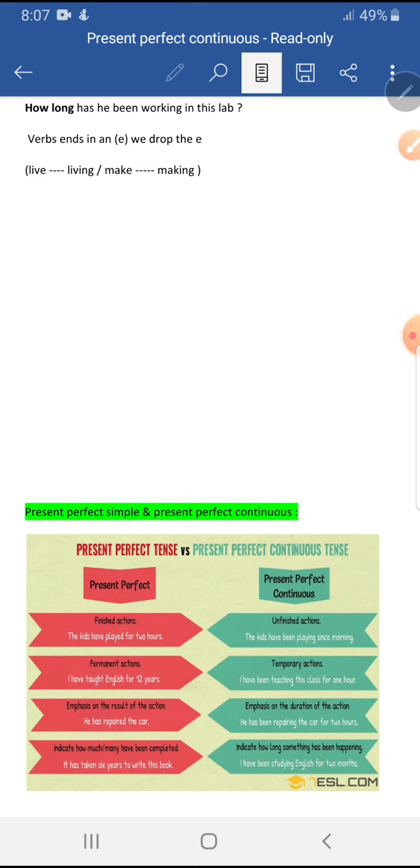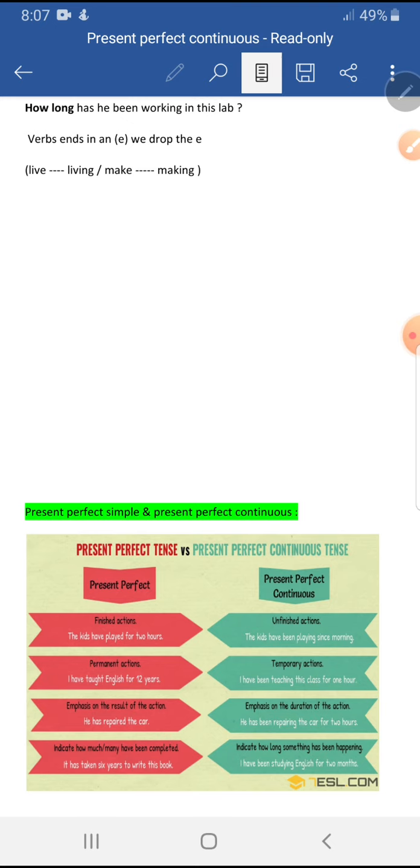But the present perfect continuous we use for unfinished actions, temporary actions, emphasizing the duration of the action, and indicating how long something has been happening. If you can see here in this example, the kids have been playing since morning. Also, I have been teaching this class for 1 hour.